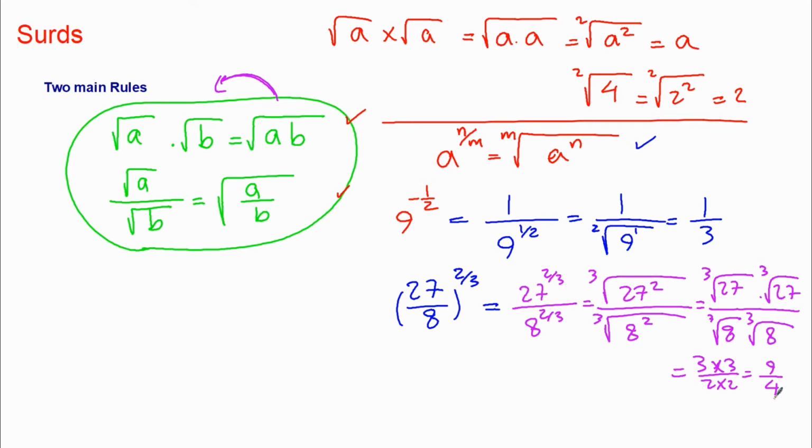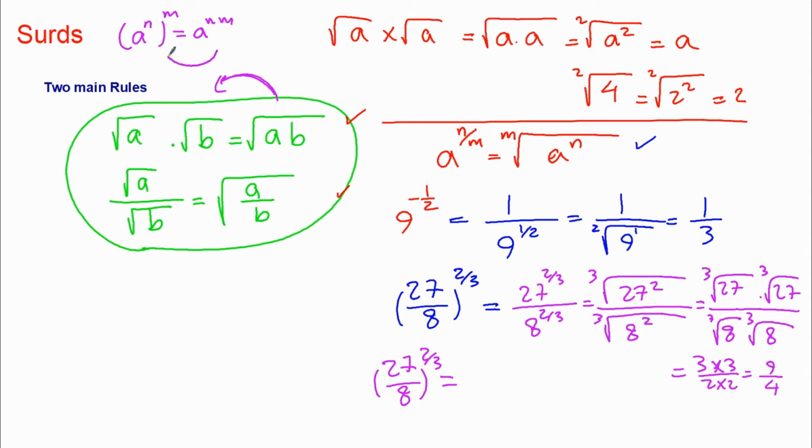So this was when we wanted to apply surds, but we can also try to avoid doing this by just using fractions, and we could avoid using surds to solve that. So I am going to start from the beginning: 27 over 8 to the power of 2 over 3. If you remember, we had a to the power of n to the power of m equals a to the power of nm.